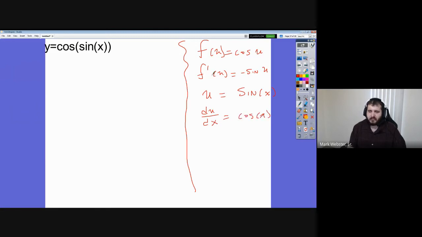So we're going to do f prime times du. So we've got negative sine u times cosine of x. And then we're going to put in what is u? Well, so we got negative sine of x times cosine of x. And that's our final answer right here.